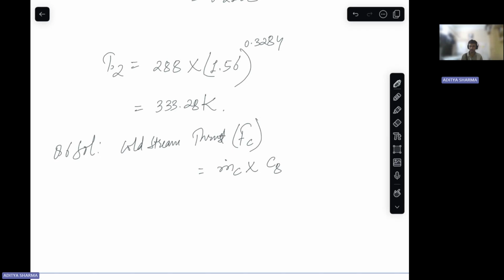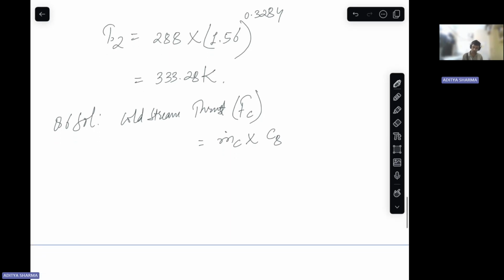Mass flow rate is one step to calculate. Then what we need? C8. So let's calculate mass flow rate first of all. This is mass flow rate of air into B by B plus 1. Okay. B by B plus 1, I hope this is understood.